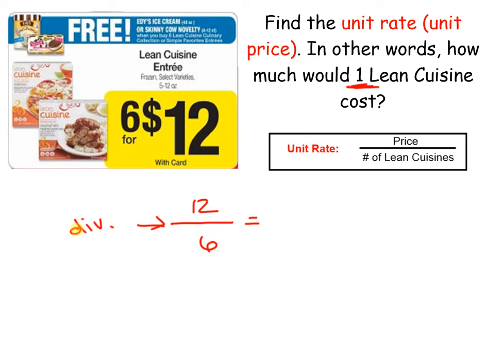And you're going to get 2, which again, you probably could have done in your head, but it's important to practice with the calculator for when the numbers get more complicated. So this would be 2 over 1. Well, what does this mean? It is $2 per 1 Lean Cuisine. So if I bought 1 Lean Cuisine, I would pay $2.